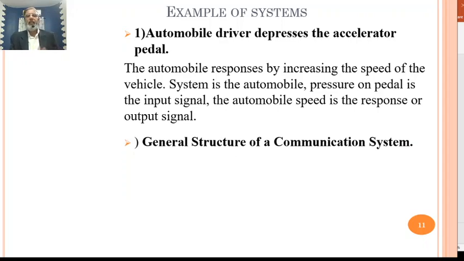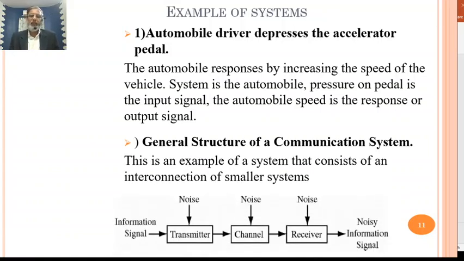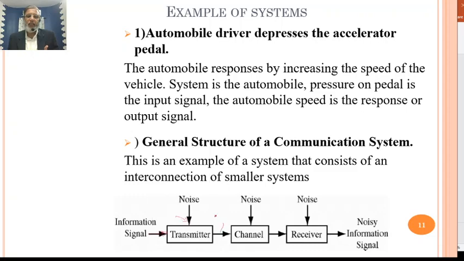The second example is the general structure of a communication system. In a communication system, there is a transmitter and a receiver. Transmitter is a system, receiver is a system. The information signal is given to the transmitter. The system processes the signal, means this information signal is the input and the output signal is an optical signal.